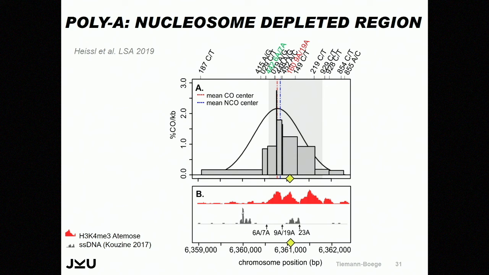And there's work by Irene that demonstrates that the longer the poly-As, and it starts with 8 As, the affinity to the histone actually decreases exponentially. You also can see that other methods screening for single-stranded DNA also find this region to be open in chromatin.